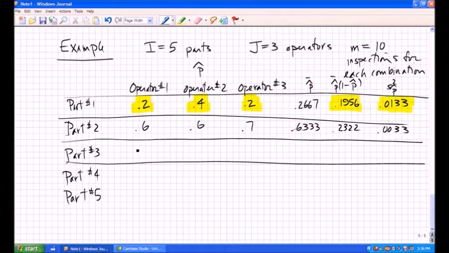Okay, so part number 3, we're going to suppose that operator number 1 makes 10 out of 10 calls non-conforming, operator number 2 makes 8 out of 10 calls non-conforming, operator number 3 makes 7 out of 10 calls non-conforming. If you average 1, 0.8, and 0.7, you get 0.8333.